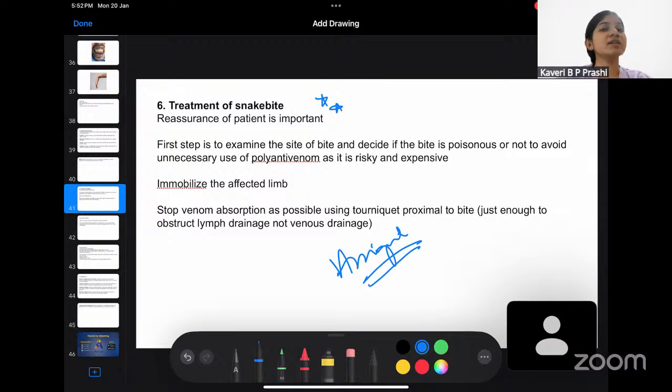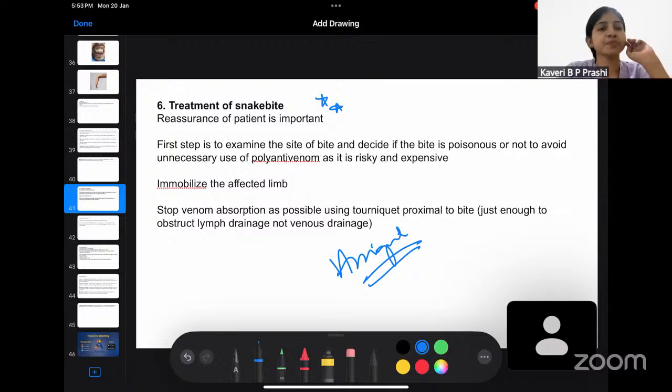Then read about how you differentiate poisonous snakes from non-poisonous snakes based on the appearance of the snake, as well as the fang marks, size, tail, all those. That is also important. Then read about clinical features seen because of snake bite. Then read about treatment of snake bite. Then read about the polyantivenom. So these 5 things I want you to do today only because it is very important.